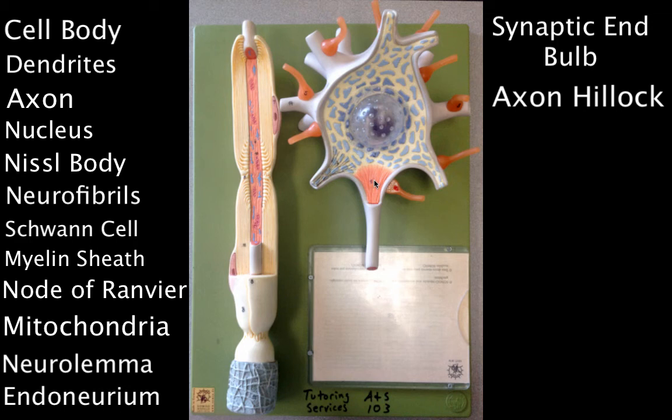Again, I didn't go over it in the lesson that I had previous to this, but just be familiar with that term as well. If you don't see it on the lab portion, you probably will see it somewhere in the lecture exam. And so this, again, is the axon hillock. It's the point between the neuronal cell body and the axon itself. It's where the impulse is going to be regenerated, essentially, and that's where the impulse starts again.